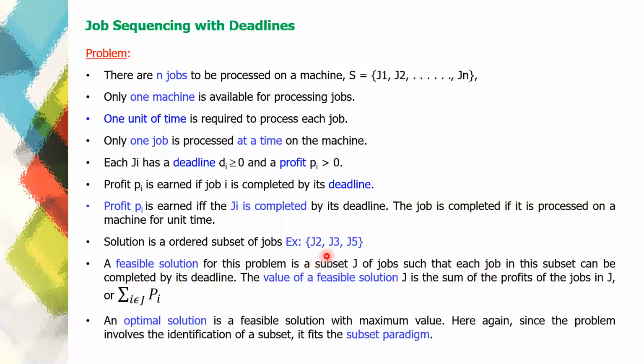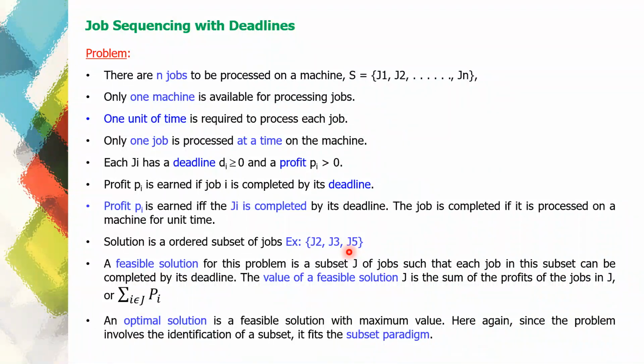So I have J2, J3, J5. This is a solution. Now this solution is a feasible solution if all the jobs J2, J3, J5 are finished before their given deadlines.